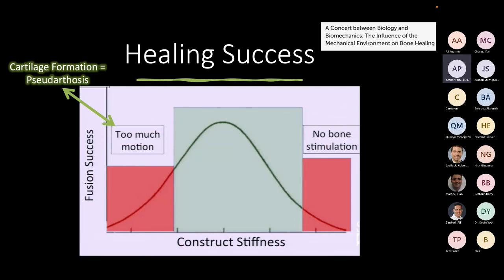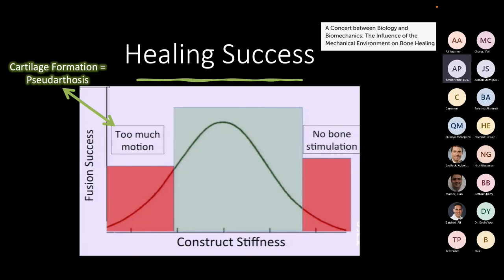So it's a little bit of like a Goldilocks complex. If you have too much motion, too much load on the bone, you actually will get cartilage formation and pseudoarthrosis. If your construct's not stiff enough, this is what can happen to your fusion mass. Now, if your construct is too stiff, you can get no bone stimulation and just kind of a lack of osteoblast formation, but no real chondral formation.